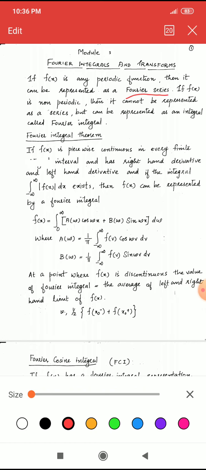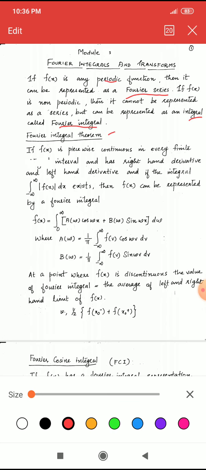If f of x is non-periodic, then it cannot be represented as a series but can be represented as an integral called Fourier integral. So if f of x is periodic, we can represent that as a Fourier series. If it is not periodic, it can be represented as an integral called Fourier integral.